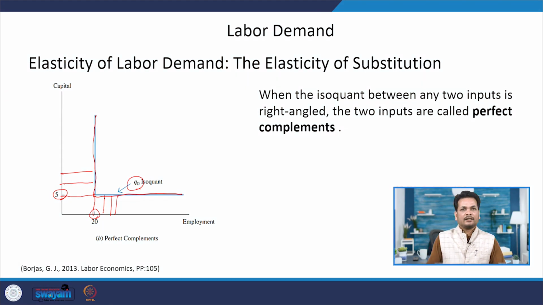So, the right angle isoquant implies that using 20 workers and 5 machines yields Q0 units of output. If we hold the capital constant at 5 units, adding more workers has no impact on the level of output. Similarly, if we hold labor constant at 20 workers, adding more machines has no impact on the level of output.